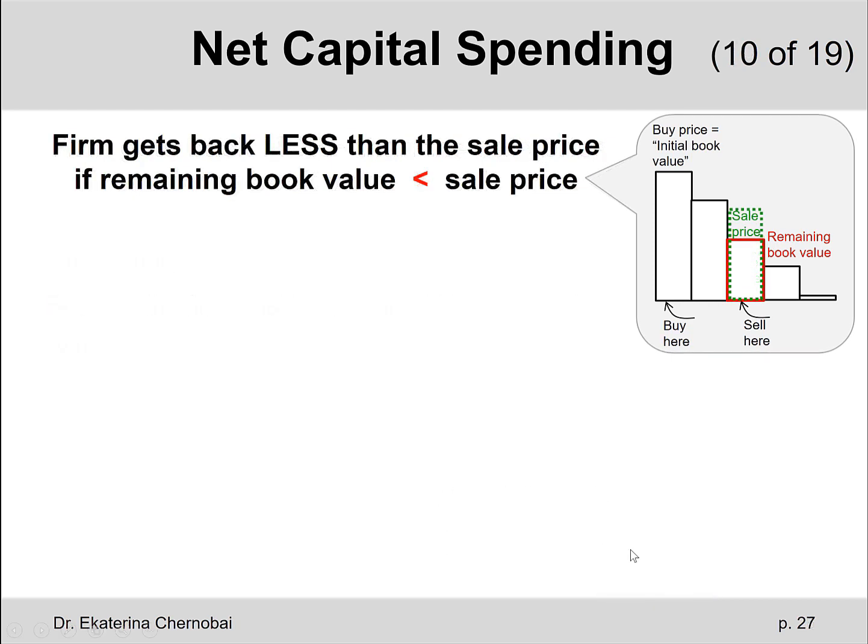The opposite situation is when we will sell the asset used for some amount of money that some buyer will be paying us. However, we are not going to be able to put all of that in our pocket. So the firm will get back less than the sale price if the remaining book value is below the sale price.